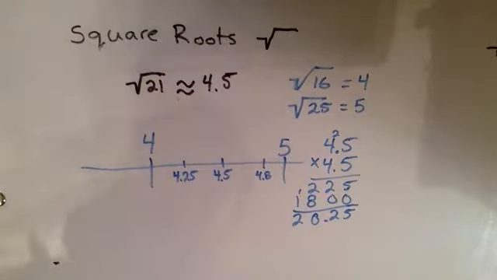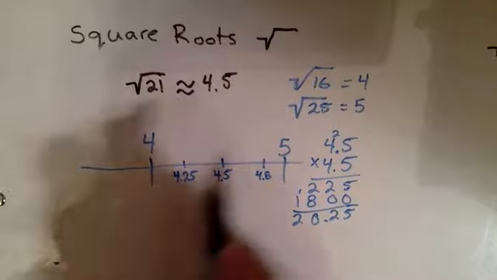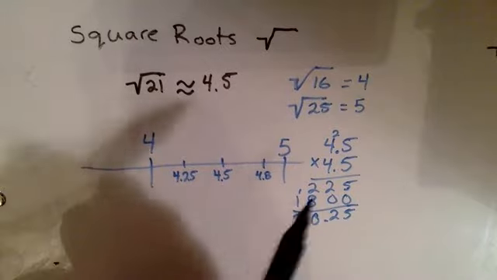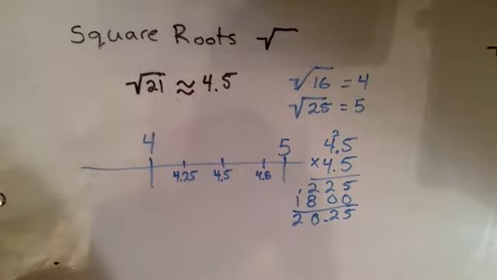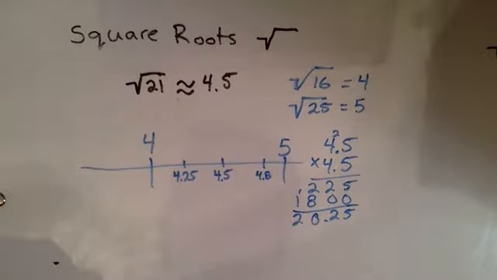At the grade 8 level, that's a perfectly acceptable answer for this. Obviously, mathematicians and computers can get to a much more precise number, but 4.5 is a pretty accurate number. Now, you can also, of course, use your calculator to find out what these numbers are.